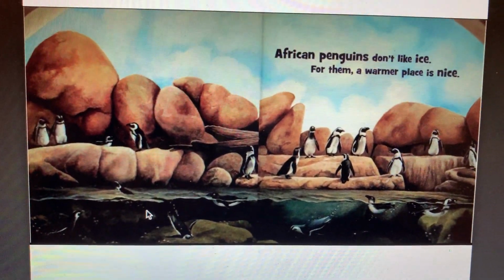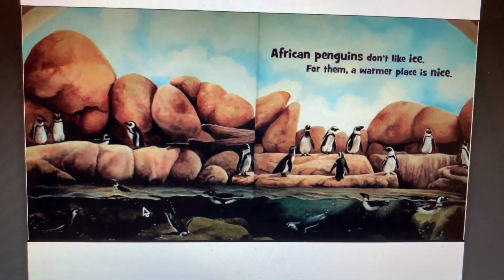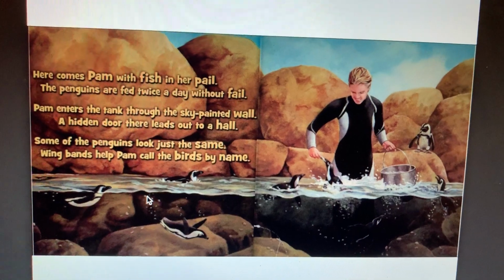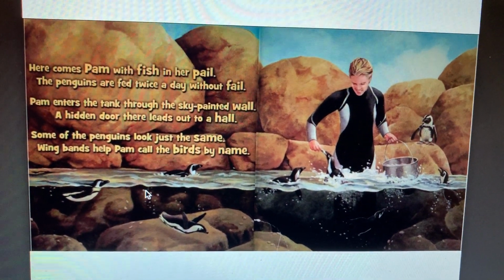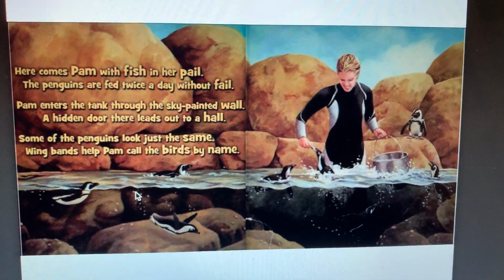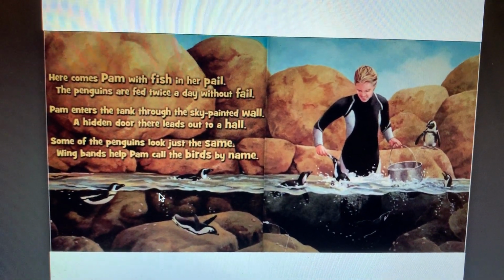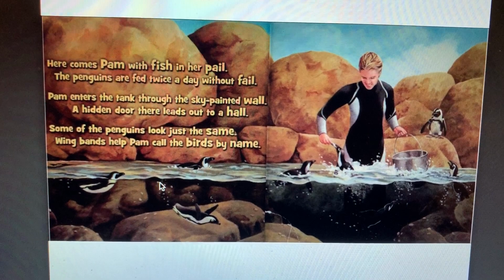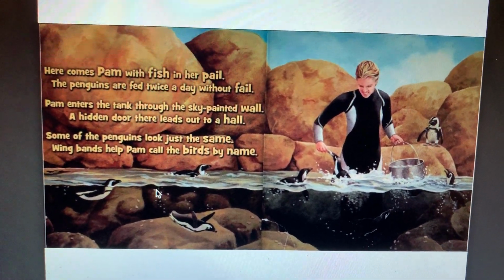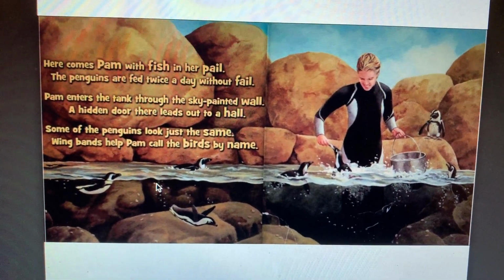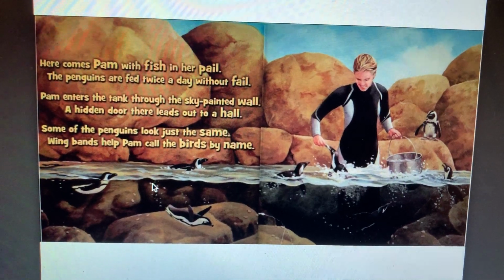African penguins don't like ice. For them, a warmer place is nice. Here comes Pam with fish in her pail. The penguins are fed twice a day without fail. Pam enters the tank through the sky-painted wall. A hidden door there leads out to a hall.